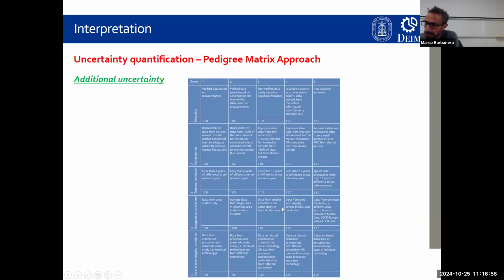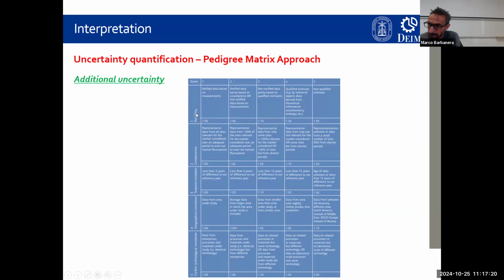So in the same way, we can calculate the square standard deviations for the other classes of additional uncertainties. The idea is to define a score for each quality criterion.